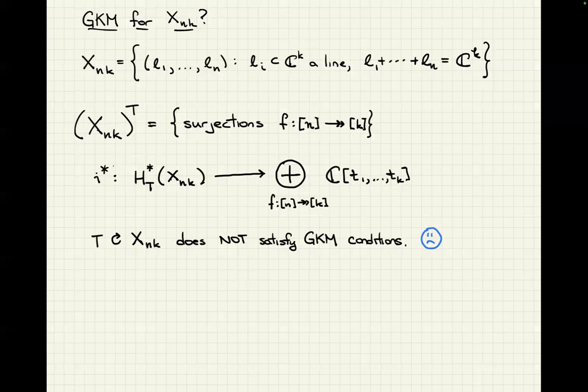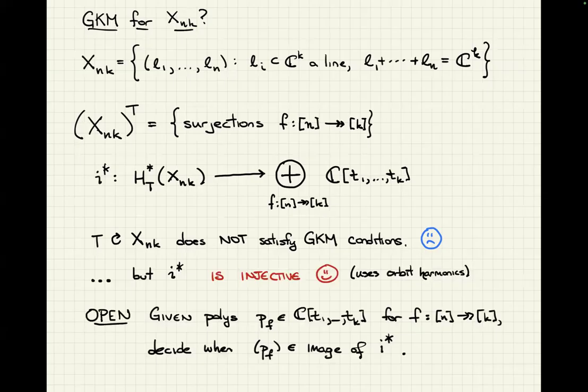Now, the sad fact of the matter is, X_{n,k} is not a GKM space. It does not satisfy the GKM conditions. It's not compact, for example. But you can show, using orbit harmonics, that the map i star is still injective, right? So you can show this purely using algebra without invoking geometry.